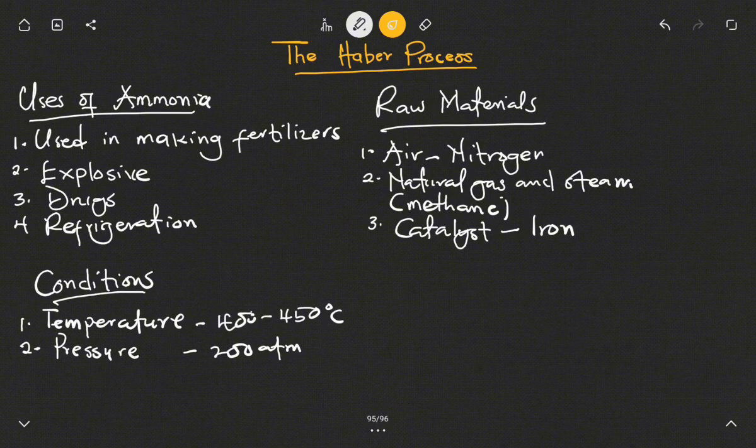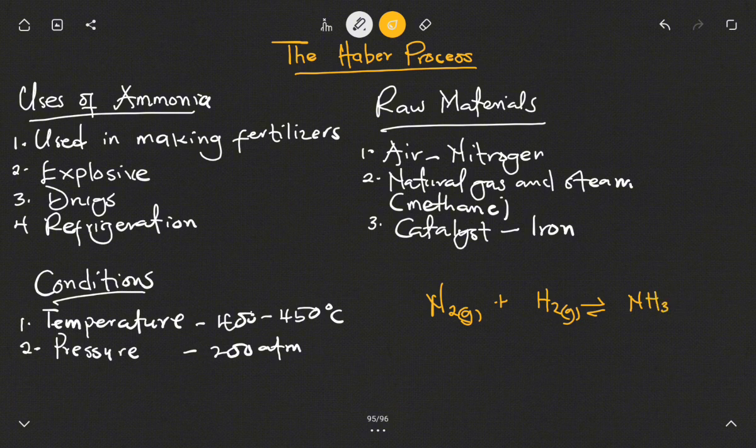So let's look at the equation involved in this. Now we need nitrogen gas, which is going to be combining with hydrogen gas, and this is a reversible reaction to give us ammonia, NH3.